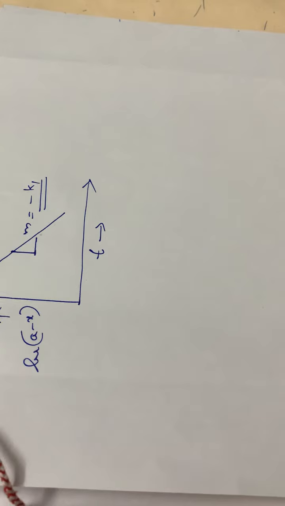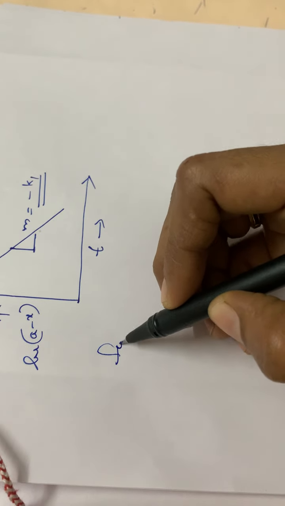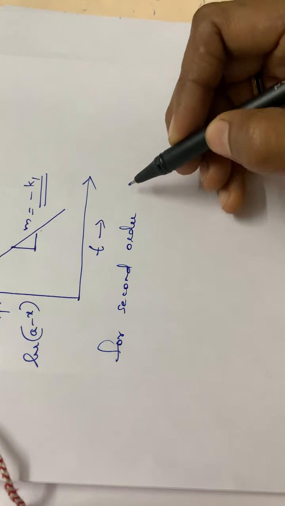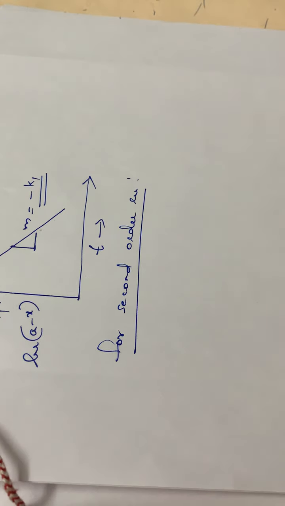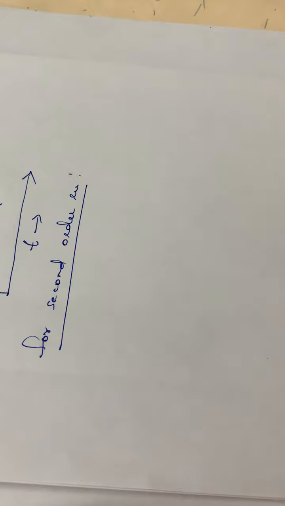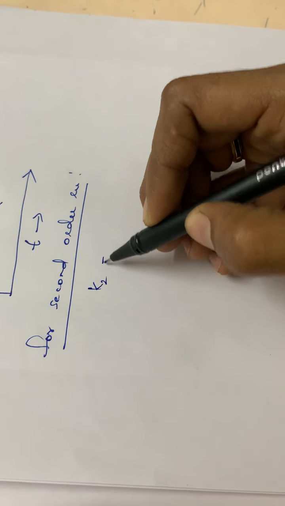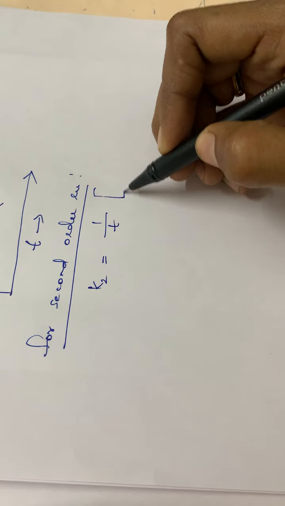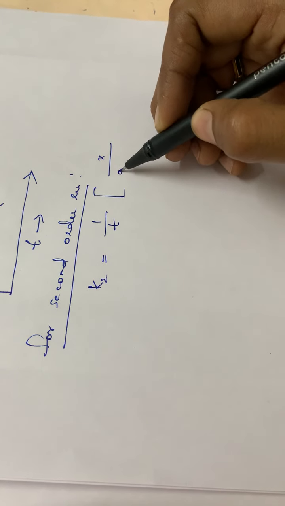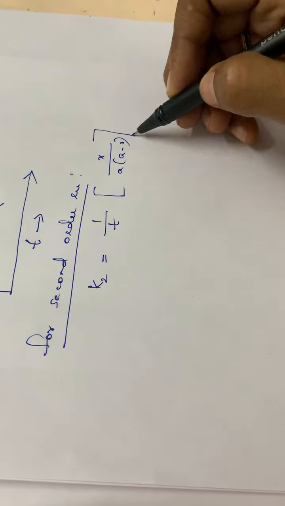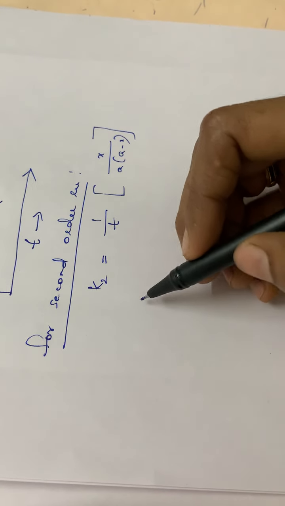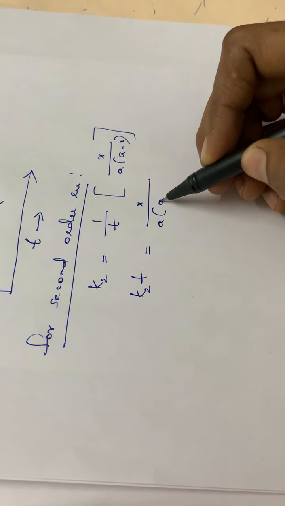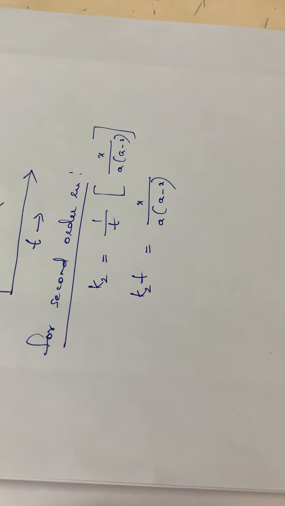Then the next one, for a second order reaction. You have to write down the integrated rate equation for a second order reaction, that is K2 is equal to 1 by t into x divided by A into (A minus x), or by cross multiplying, K2t is equal to x divided by A into (A minus x).